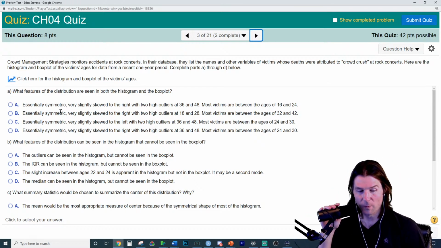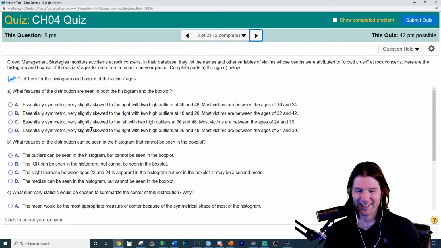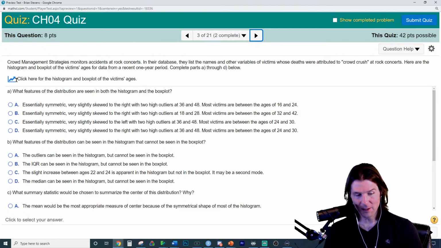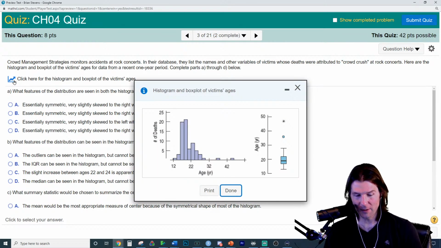Crowd management strategies monitor accidents at rock concerts. In their database, they list the names and other variables of victims. This is so sad. Click here for the histogram and the box plots of the victims' ages. So what do we notice about this distribution right here?